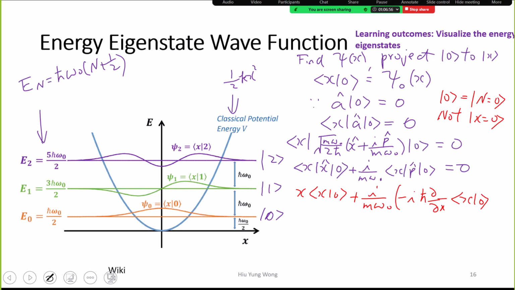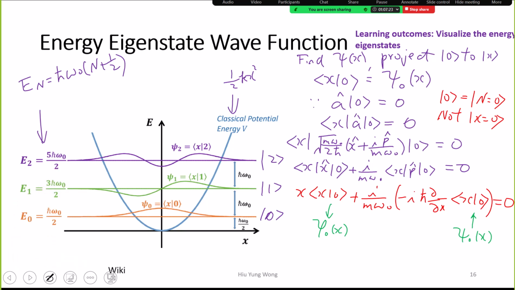You go through this, and you will see this term over there. So basically, this one is just equal to psi 0 x. This one is also psi 0 x. So we have converted this bracket notation to an equation.